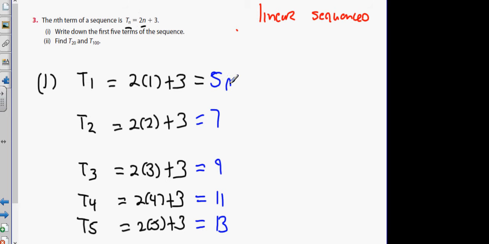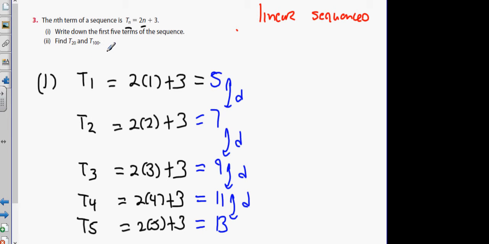You notice that they all have a difference of 2. Now, the problem next is find out T20 and T100. You can do it quite easily actually.